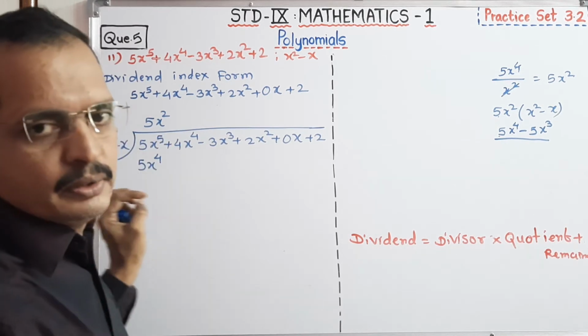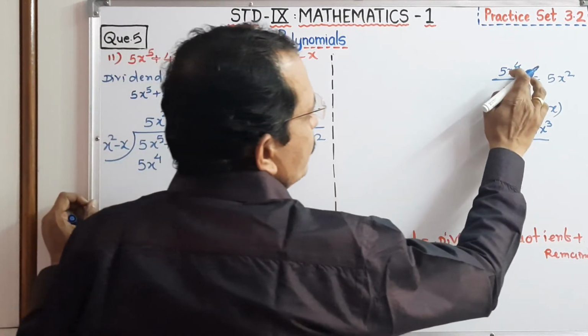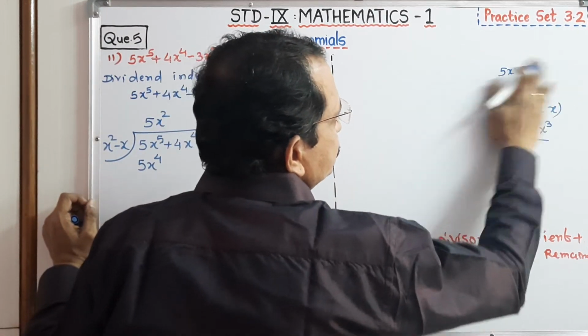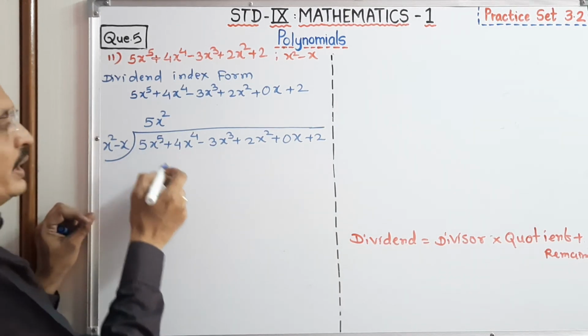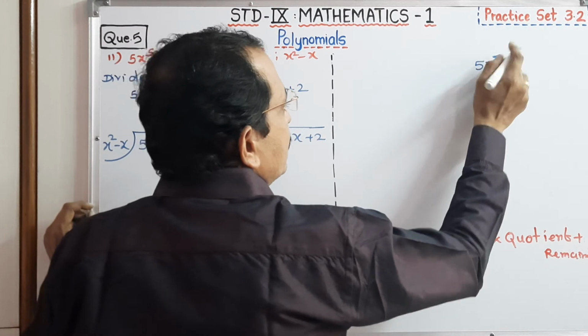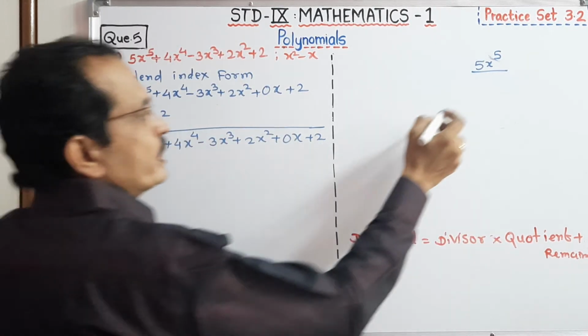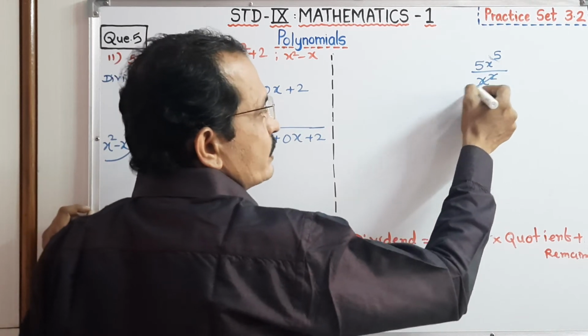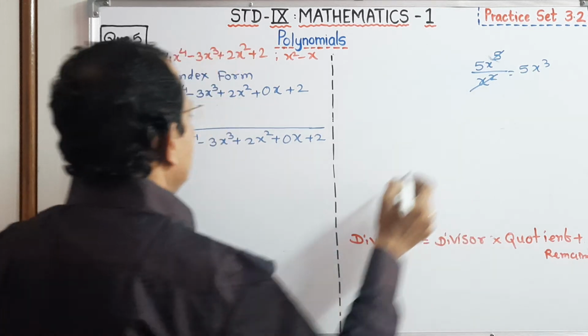Yes student, one mistake is there. The first term is 5x raised to 5, and that we have to divide with x square. This x square and this x square get cancelled. It is 5x cube.